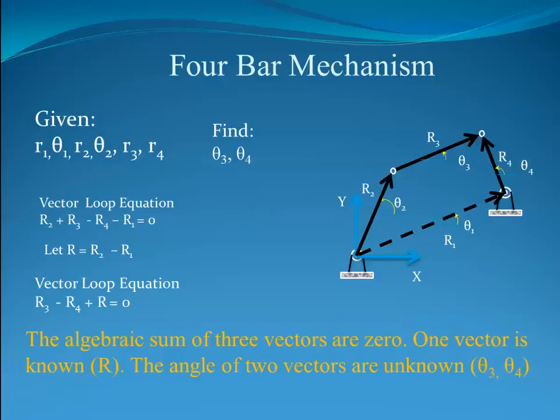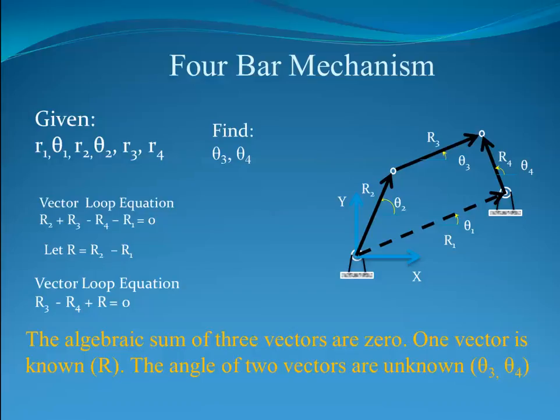In this equation, the algebraic sum of three vectors is 0. One vector, which is r, its length and angle, is completely known. For the other two vectors, the lengths are known, but the angles are unknown.